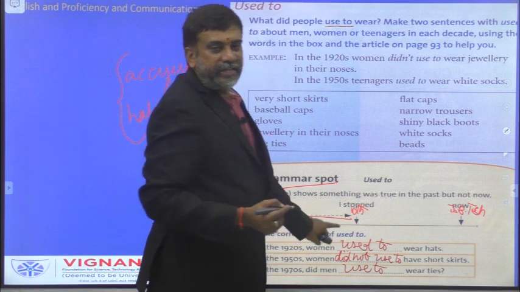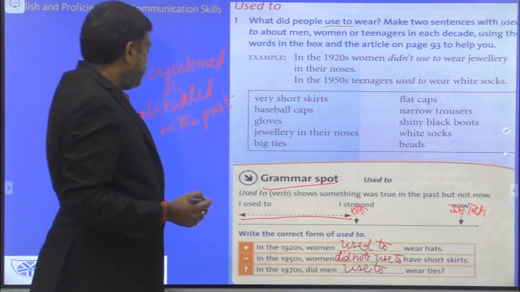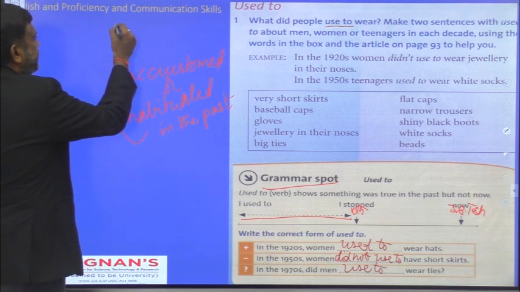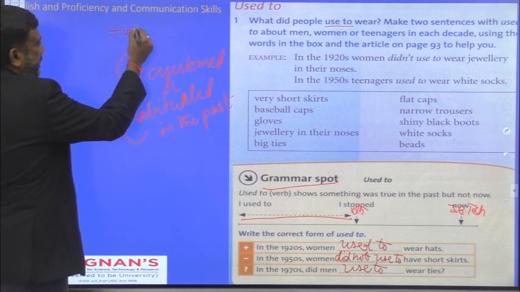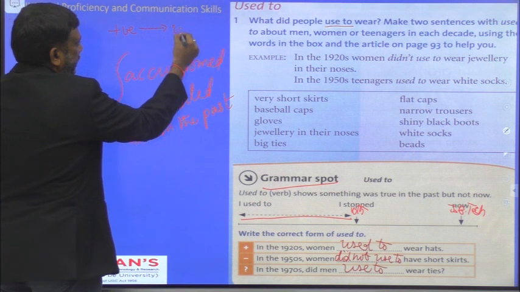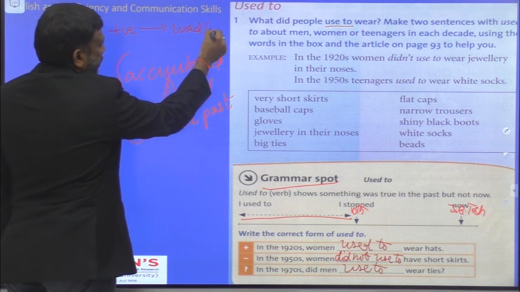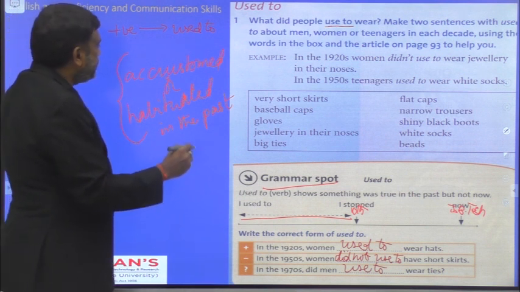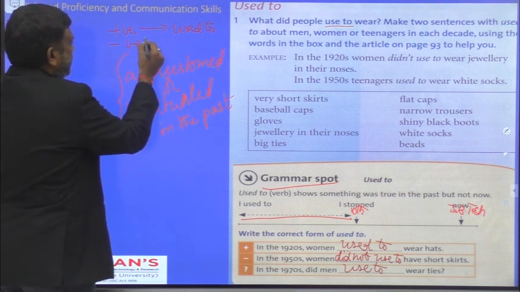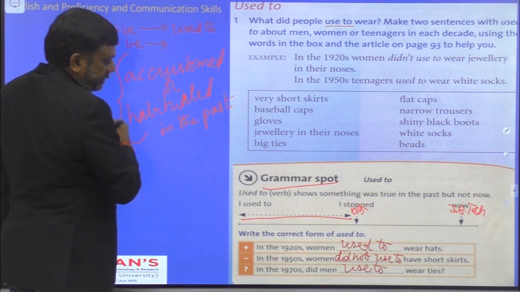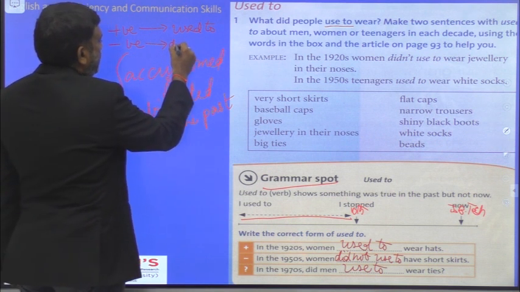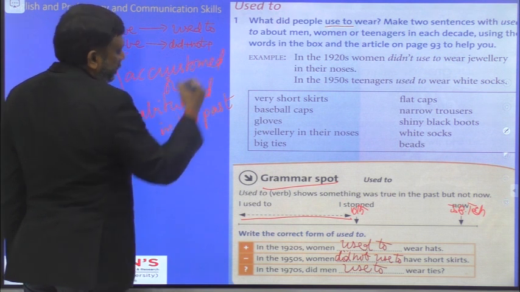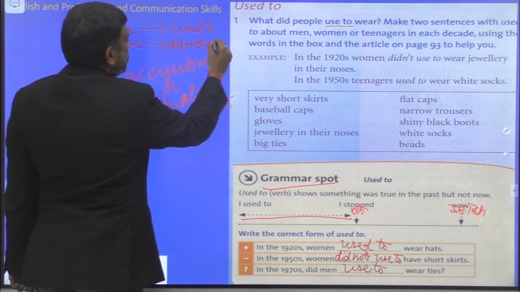So here there are three different sentences. Let us have a small explanation. The first sentence is a positive sentence, so that is why we use used to. The second sentence is a negative sentence, and here what did we use? Did plus negation. After negation, what did we use? Used to.